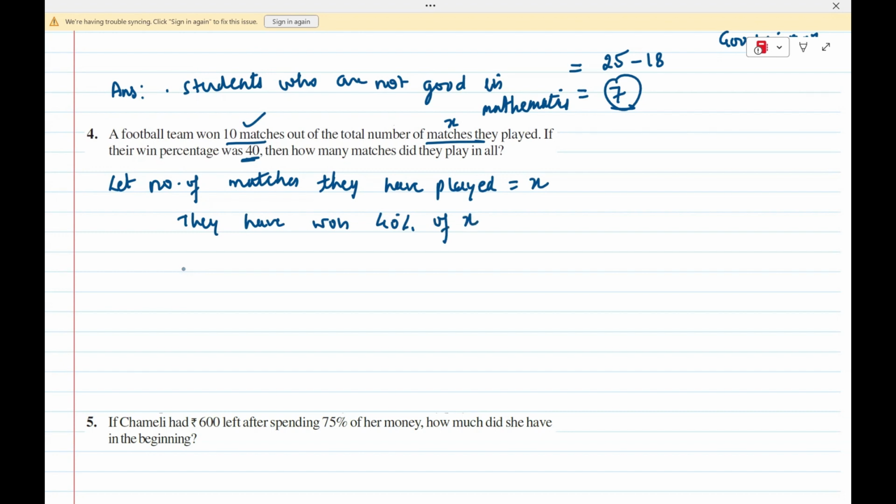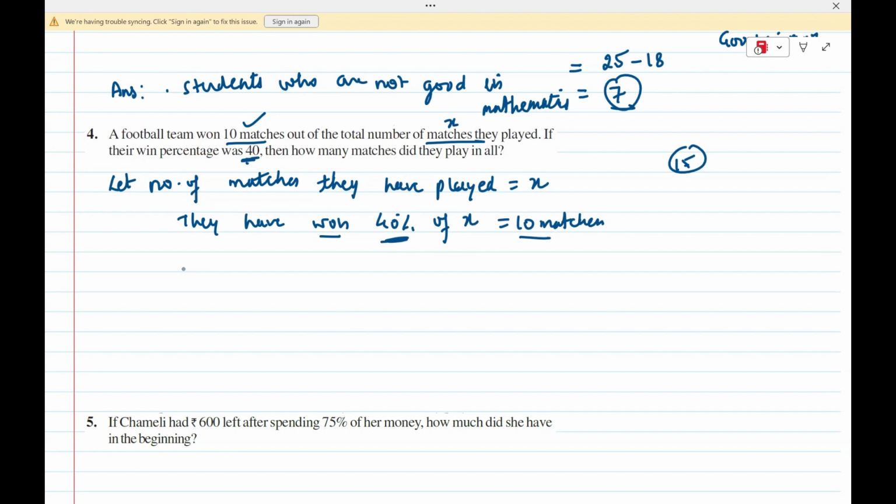But they have also given the quantity 10, meaning they have won 10 matches. So percentage is for 1, so the number of matches also has to be 1. See, if they had said that the win percentage is 40% and they have lost 15 matches, right?